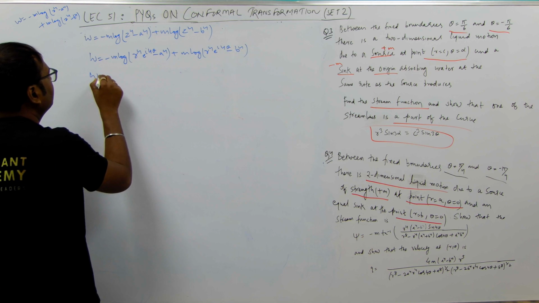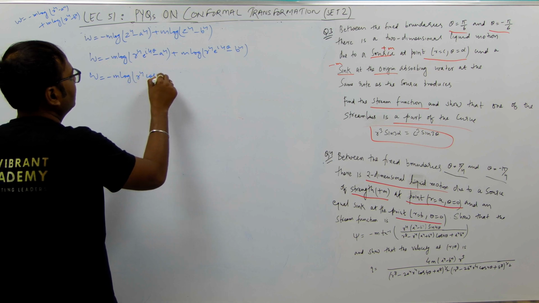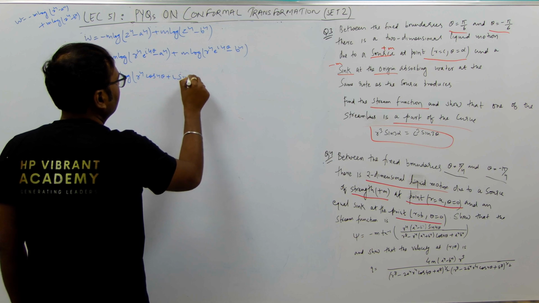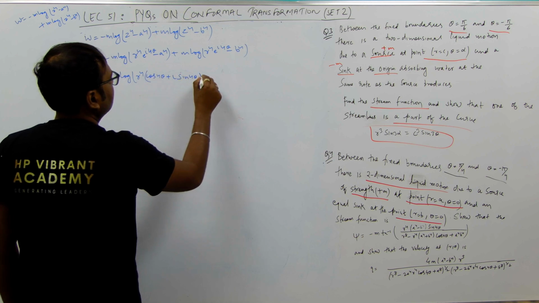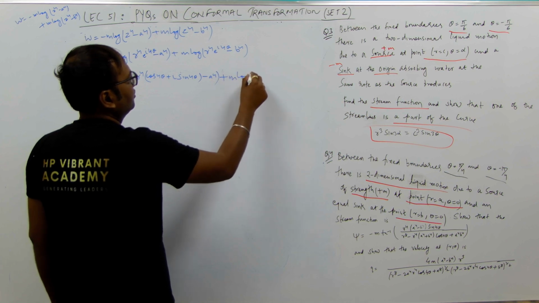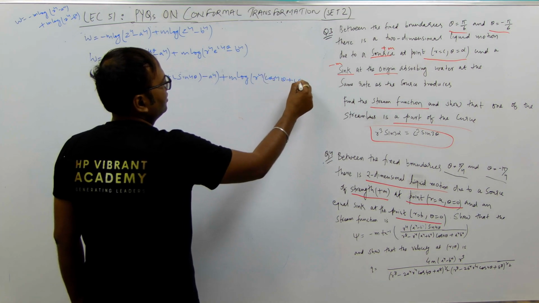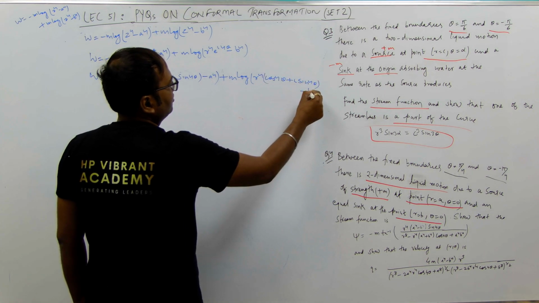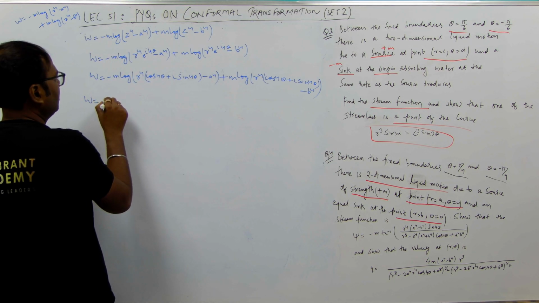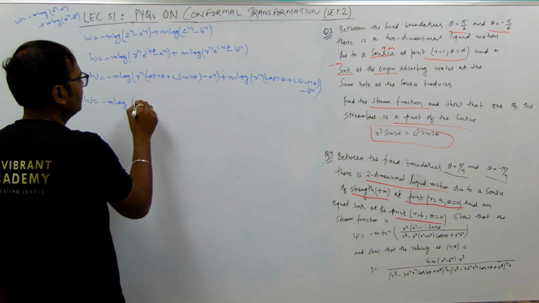So we have w is equal to minus m log of r4 (cos 4 theta plus i sin 4 theta) minus a4, plus m log of r4 (cos 4 theta plus i sin 4 theta) minus b4. Okay, so let us write the real part and imaginary part separately.